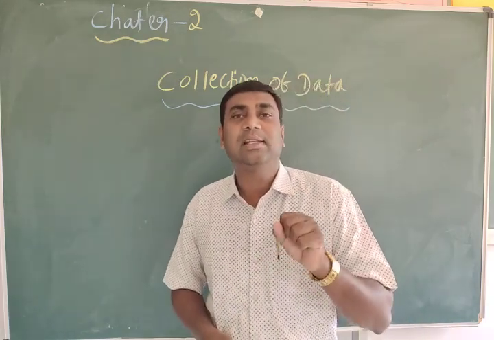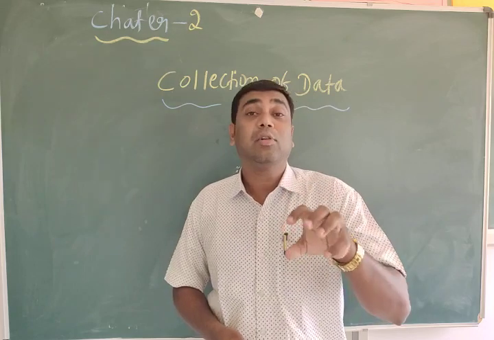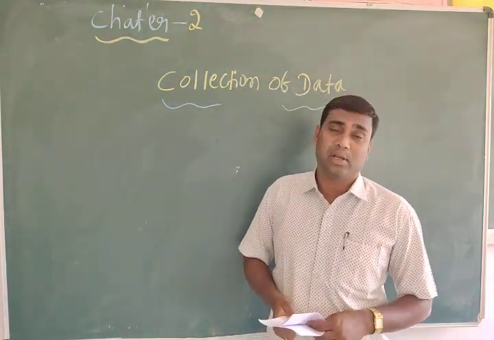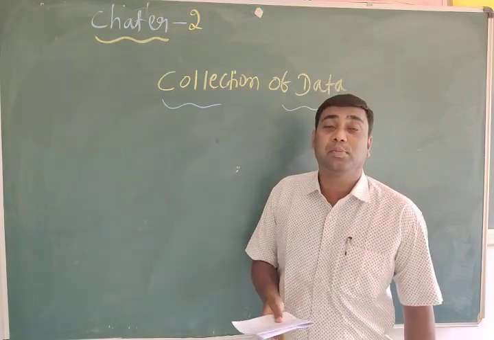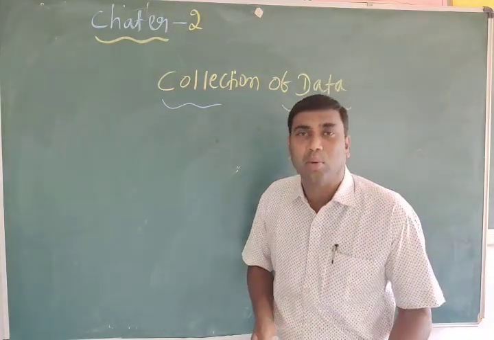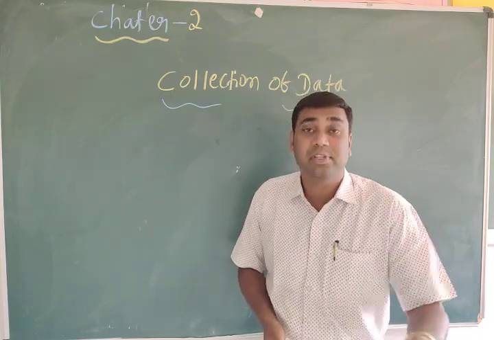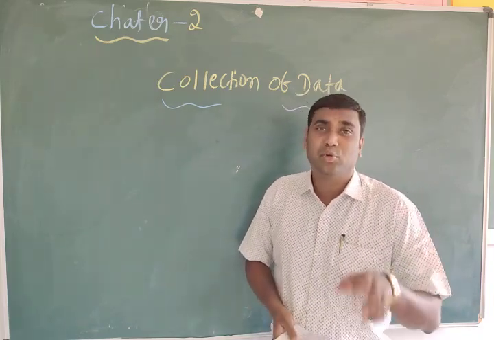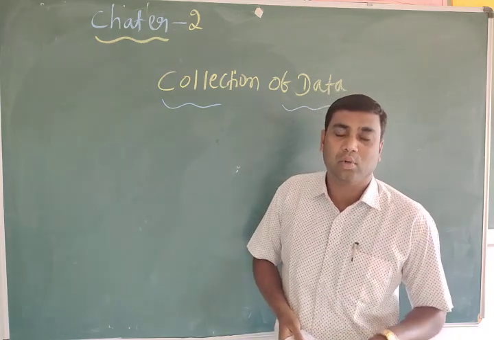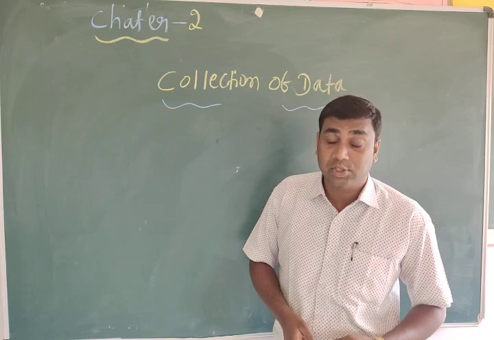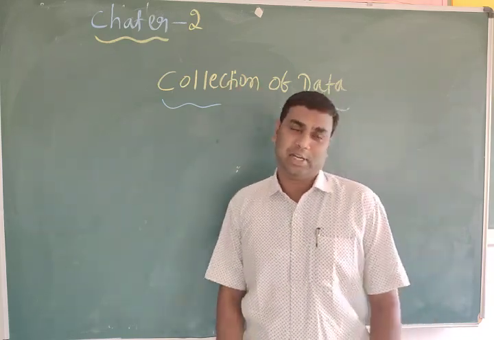Everything we have to collect, that is called information. Without collecting the information, it is not possible to explain any topic or solve the problem. Without understanding the problem, we cannot solve it. That's why first we have to collect the information about the problem: what is going on, what is happening, what happened. That is what we have to understand in this chapter, collection of data.